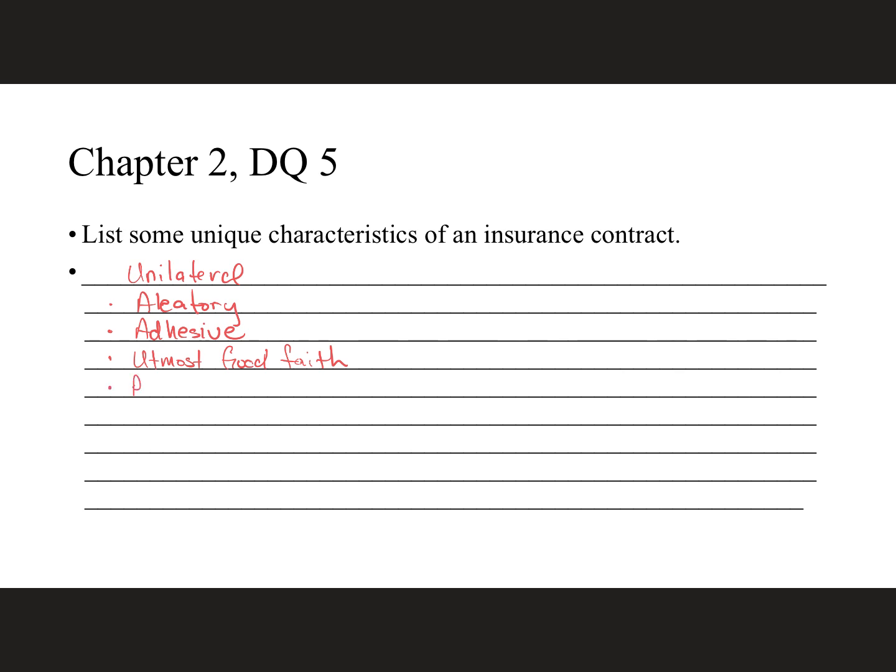There is also the principle of indemnity. And this is basically that the insured, you, the person buying the insurance, cannot make a profit from a claim on insurance. So you can't buy insurance with the ability then to make additional money.